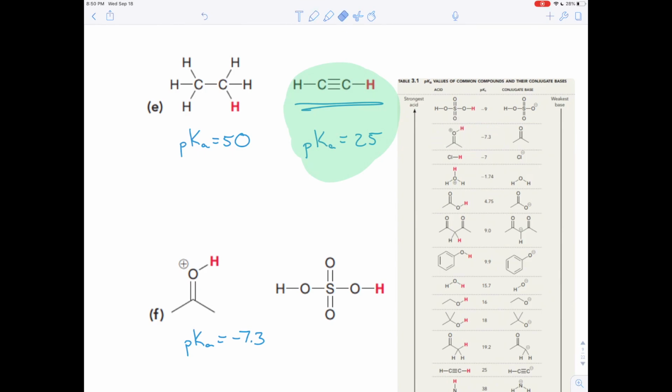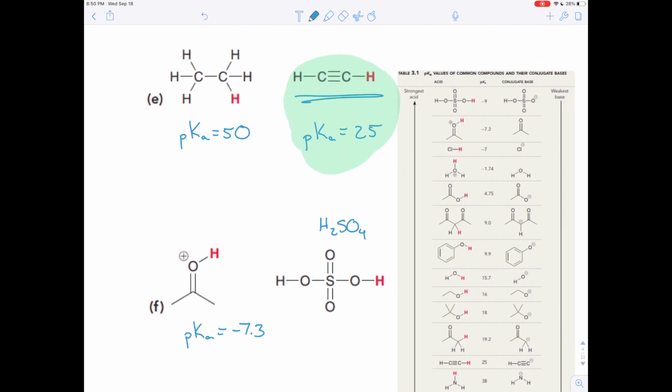When we look for the other molecule, which you might recognize as sulfuric acid, H2SO4, you would see it's right above it. It has a pKa of negative 9. Very, very negative. So the one that's more negative is sulfuric acid, and that is the more acidic compound there.